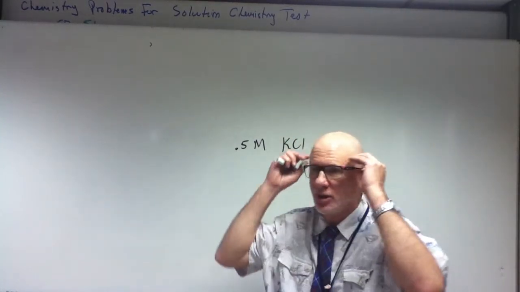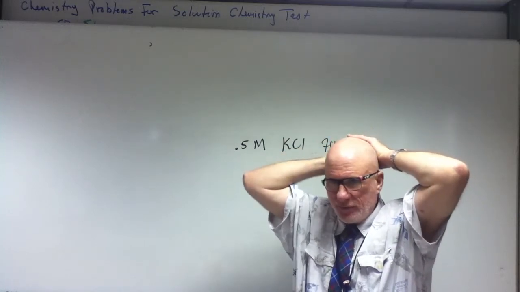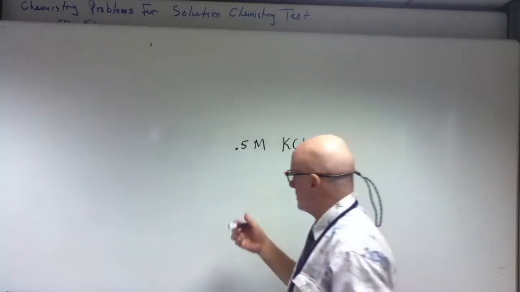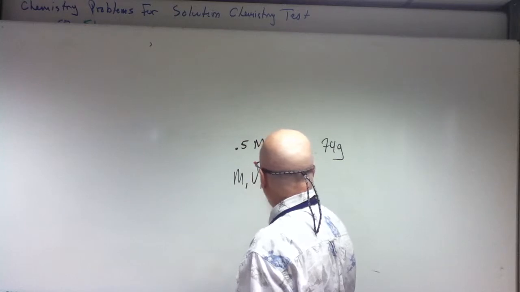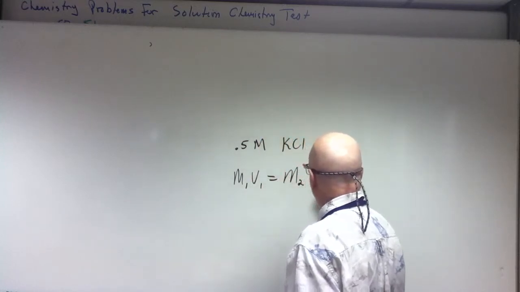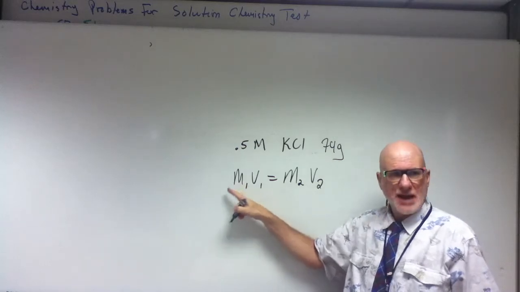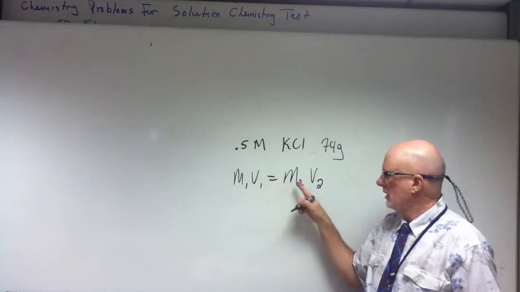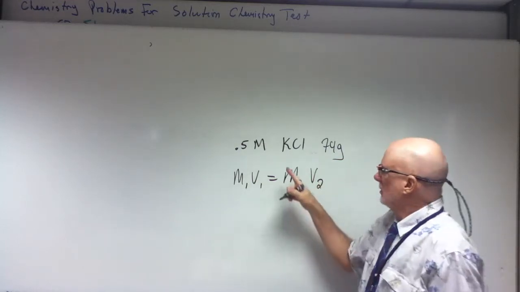So what are we doing? What's the equation that we're using? Very good, Aiden. Excellent. It's going to be M1 V1 equals M2 V2. The molarity times the volume of one solution equals the molarity times the volume of the other.